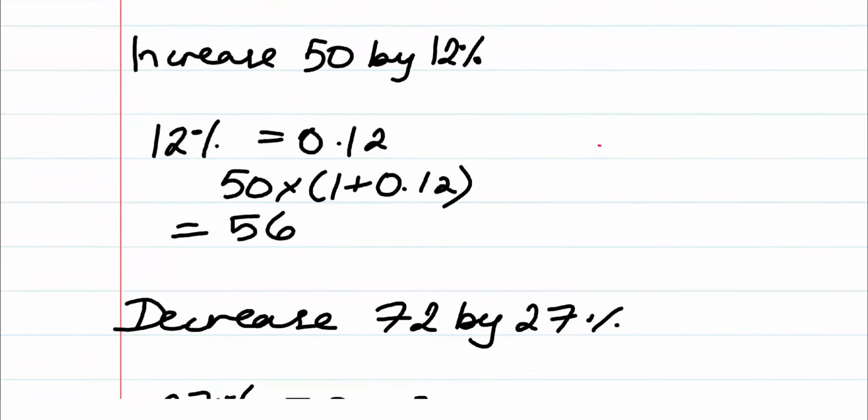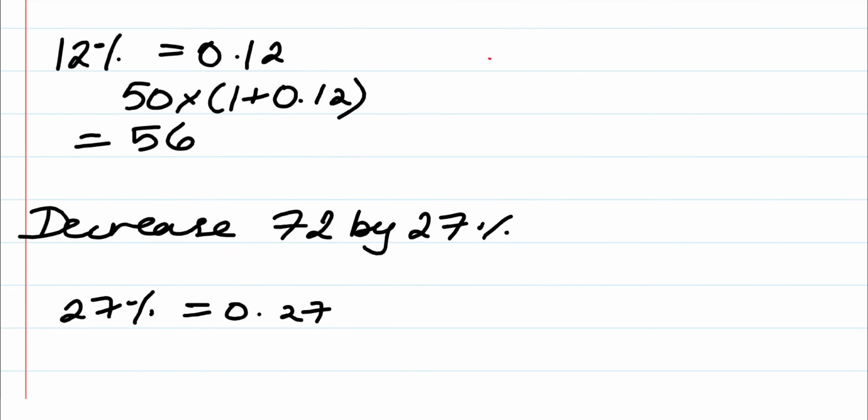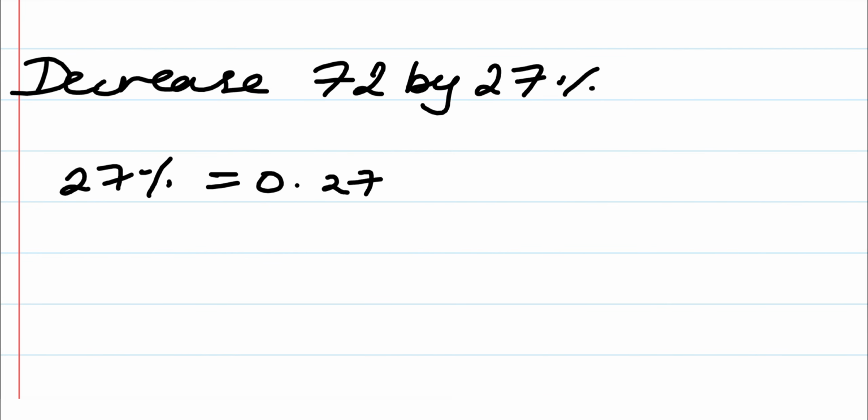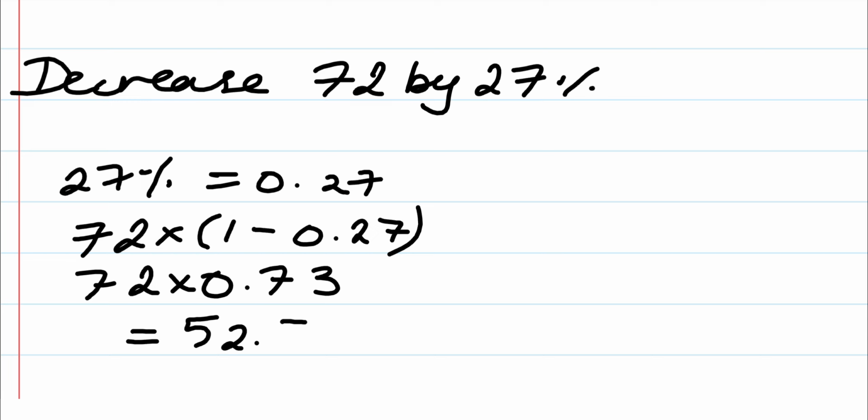We then use the formula from before and take our number and multiply it by 1 minus the decimal we've just found. This means we have to do 72 times by 1 minus 0.27. In other words, 72 multiplied by 0.73. This gives us an answer of 52.56. And there we have it.